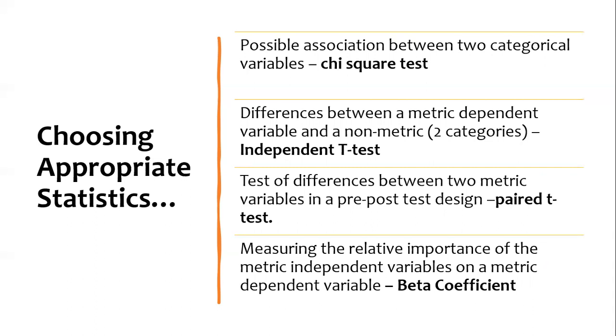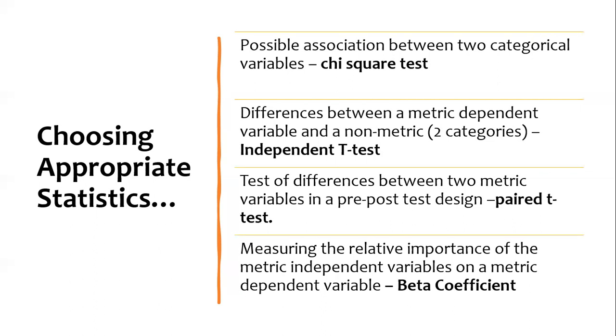When you want to look at differences between a metric dependent variable, a continuous variable, and an independent variable that is not metric but has only 2 categories, you use an independent t-test.